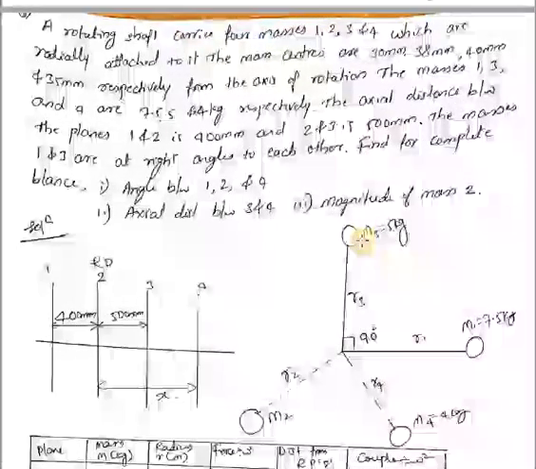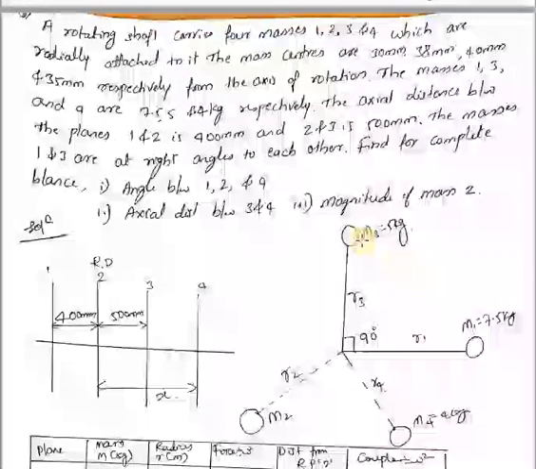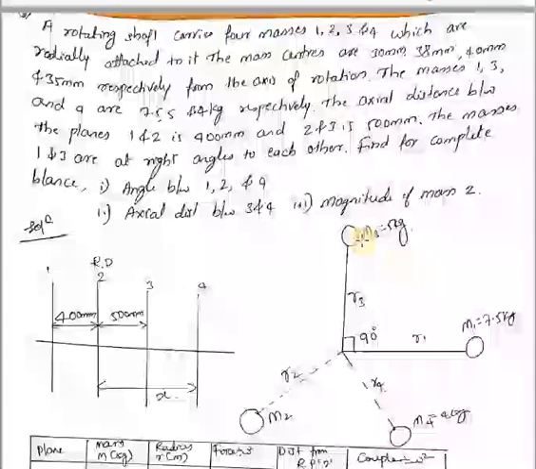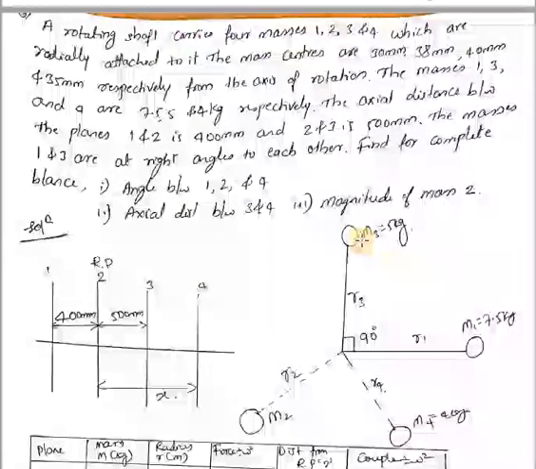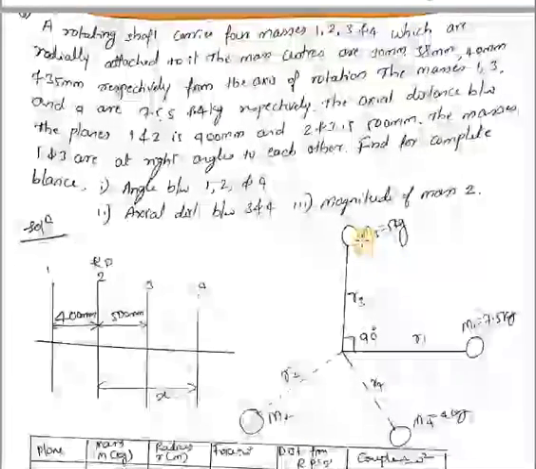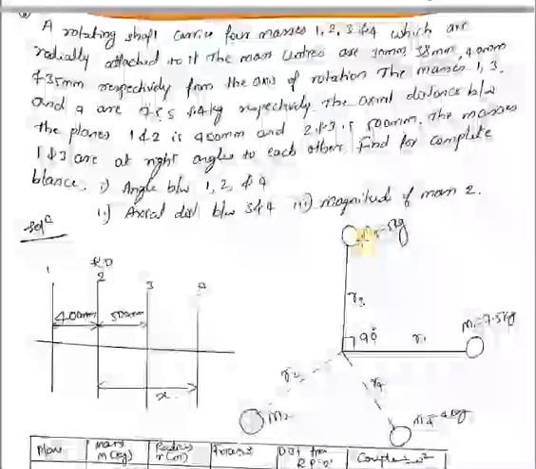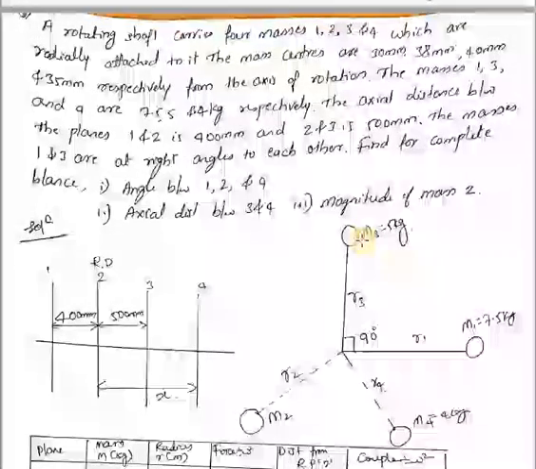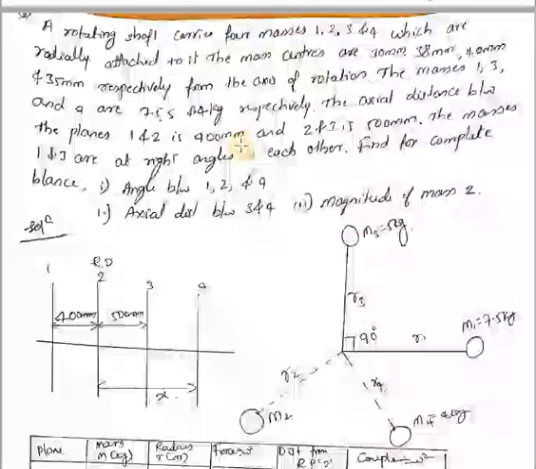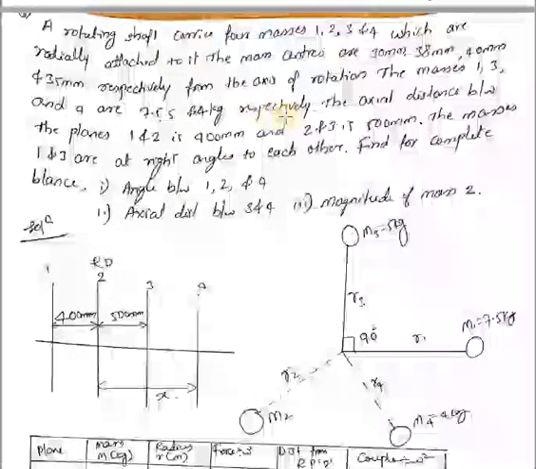A rotating shaft carries 4 masses, 1, 2, 3 and 4, which are radially attached to it. The mass centers are 30 mm, 38 mm, 40 mm and 35 mm respectively from the axis of rotation. The masses M1, M3 and M4 are 7.5, 5 and 4 kg respectively.